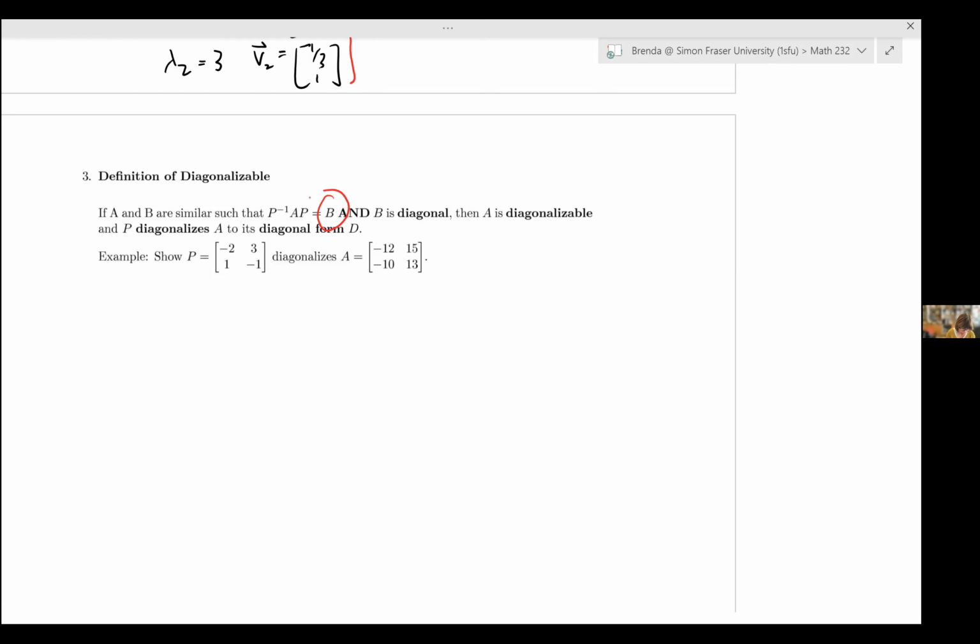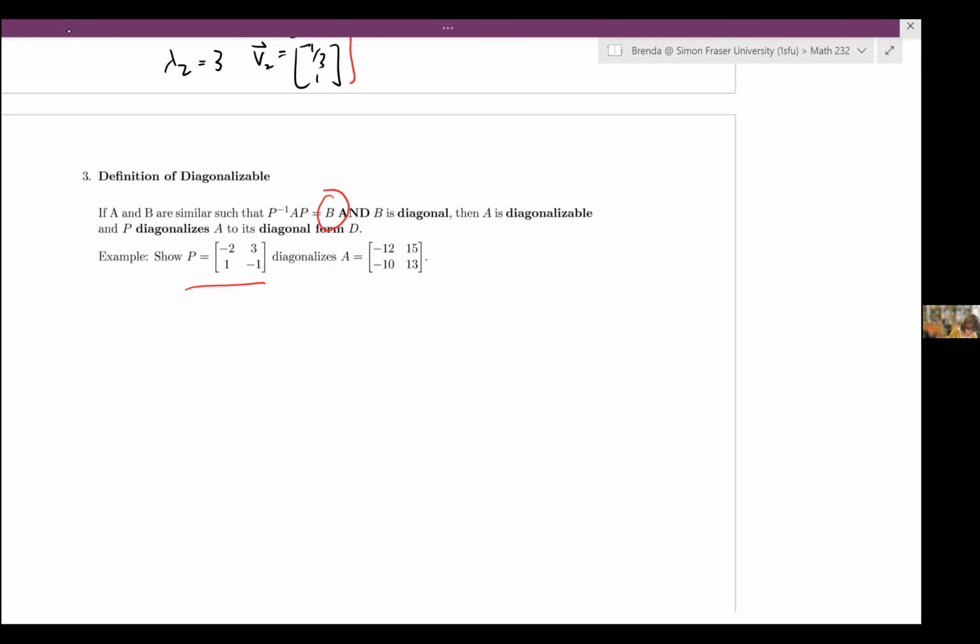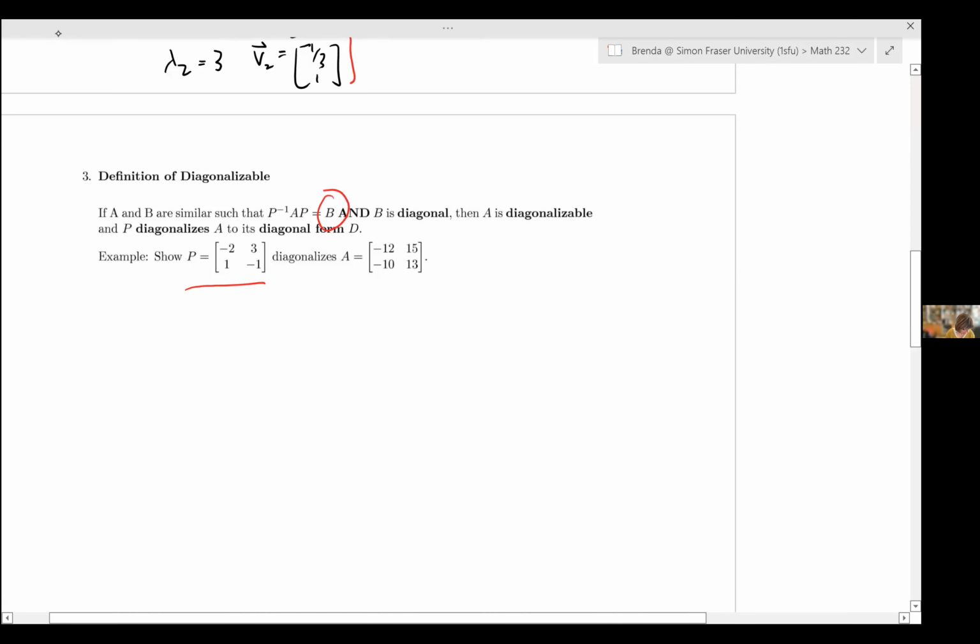We want to show that this matrix P diagonalizes A, and we want to find what it diagonalizes to. We've been given P. We don't yet know how to find P. Don't worry if you're thinking, where does this mystery P come from? We don't know yet. That's coming later.